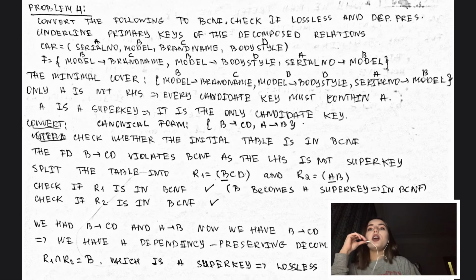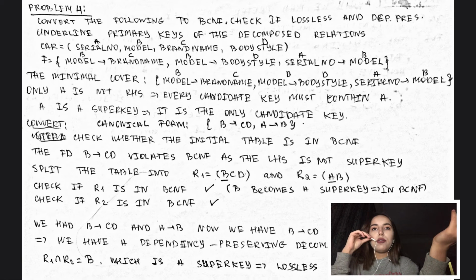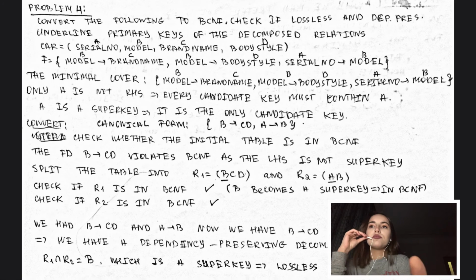It is, because B is a superkey, and therefore it satisfies the BCNF condition. When we check R2, it also satisfies it, because A is a superkey and the primary key for R2. So for underlining the primary keys, it has to be B for R1 and A for R2.